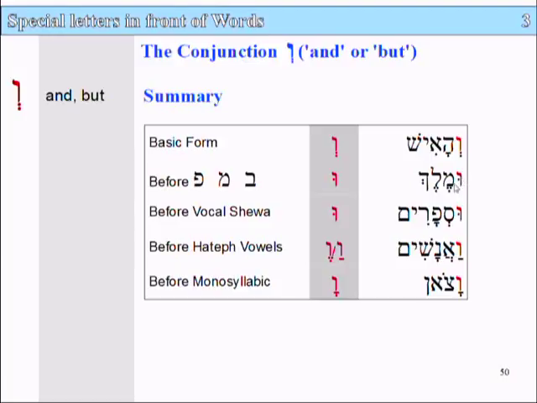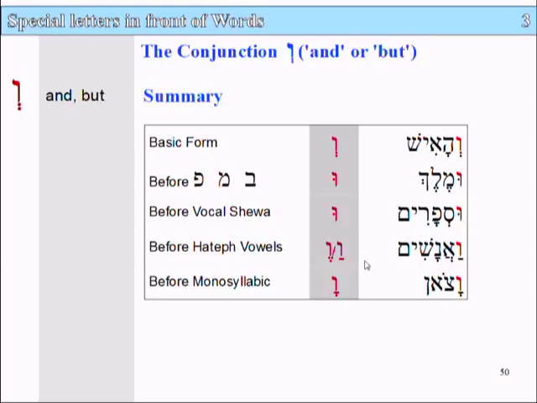So it becomes u-malik, for example, if it's in front of the word malik, because malik begins with a mem. And it also can have an oo sound when in front of a word beginning with a vocal shva. For example, this word sefarim, books, becomes u-sefarim, and books.